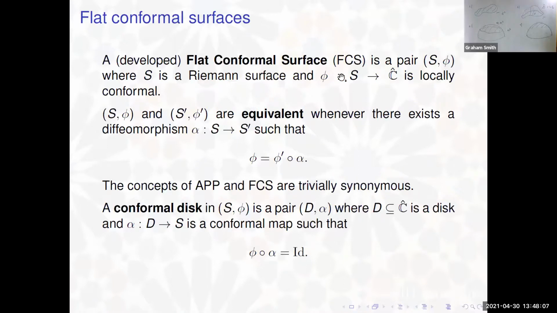Given that phi is locally conformal, it's a local diffeomorphism, so we know that these things exist everywhere locally, about every point. And it turns out that the set of conformal disks of a flat conformal structure contains all the information you need to recover the geometry of the surface. So the geometry of your surface is encoded, in fact, in the combinatorial structure of the family of conformal disks inside your flat conformal structure.